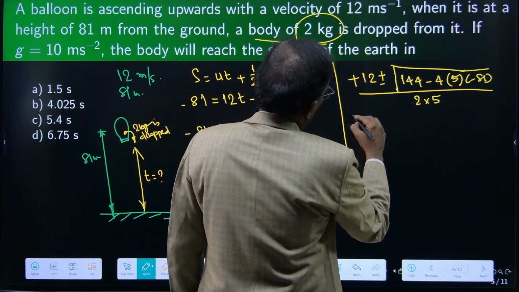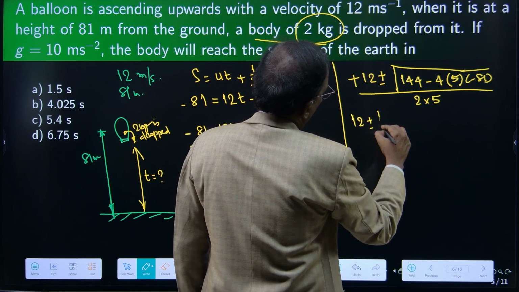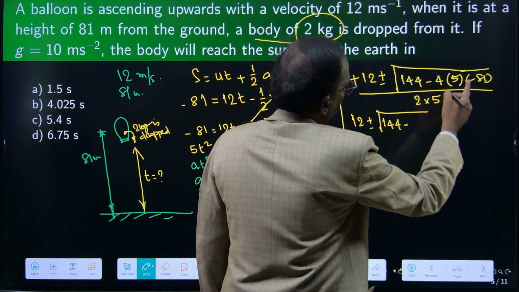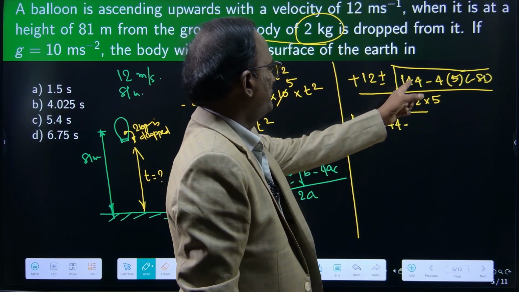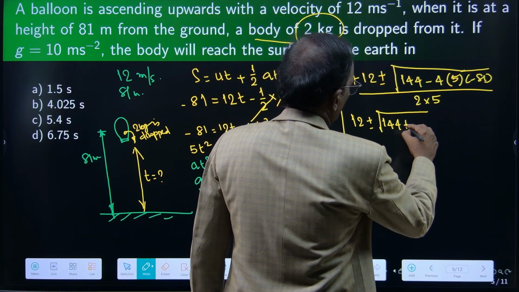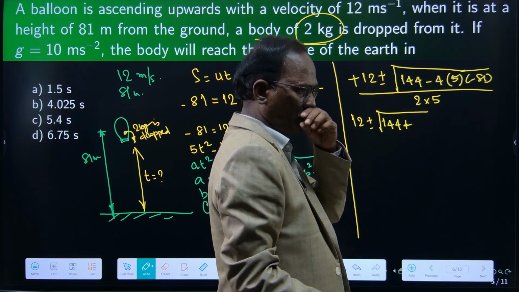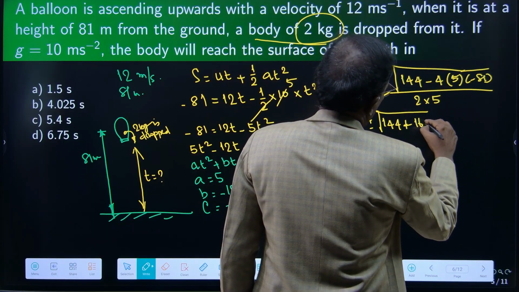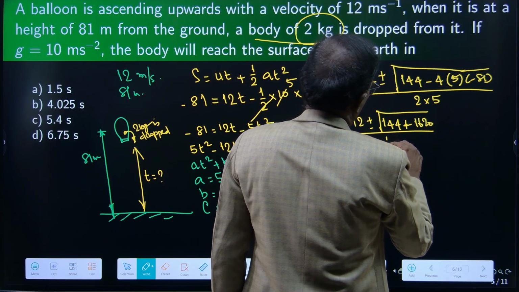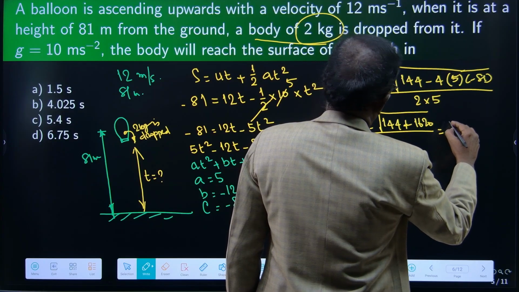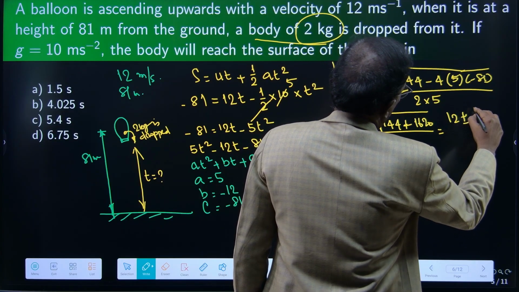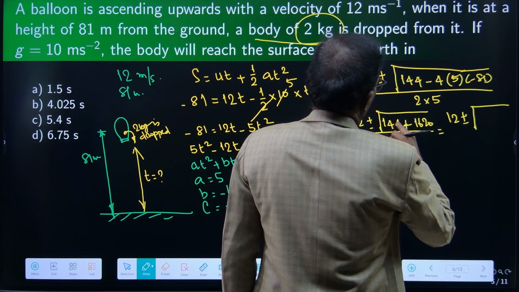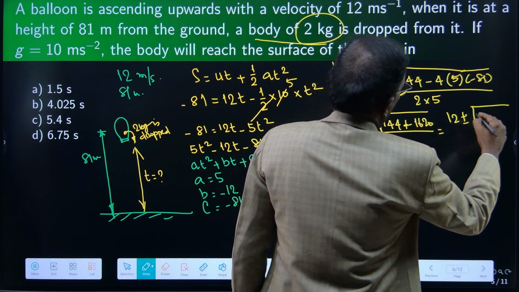So this is 12 plus or minus square root of 144 minus 4 into 5, 20, minus into minus will be plus, 20 into 81, 1620, divided by 10. This is equal to 12 plus or minus square root of 1764.